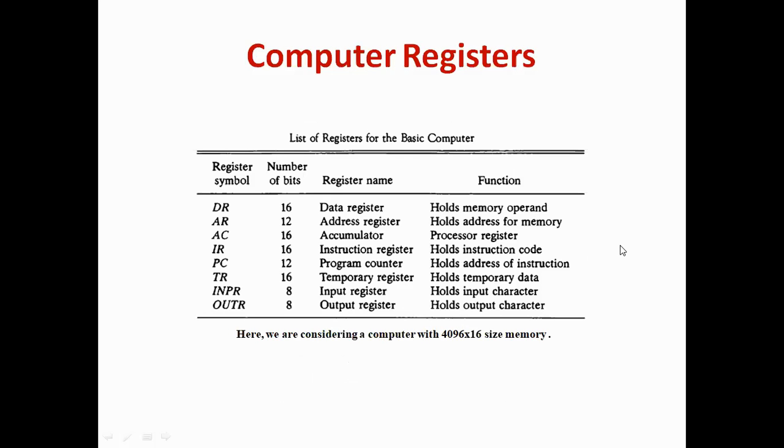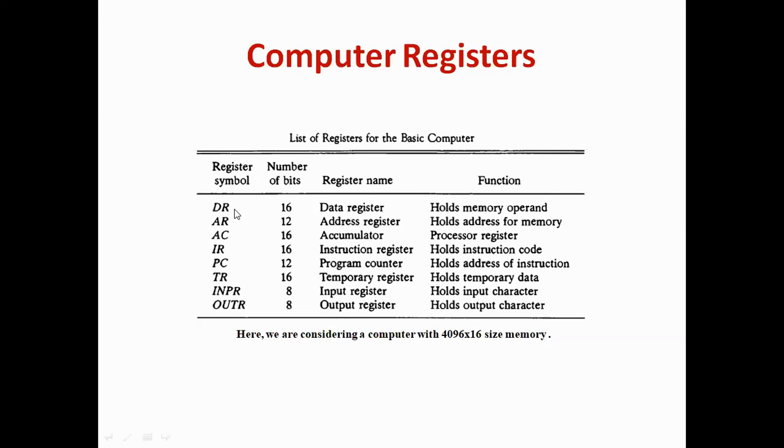Now let us have a look at the registers of a basic computer. In a basic computer, there will be at least 8 registers. We can have a look at them.